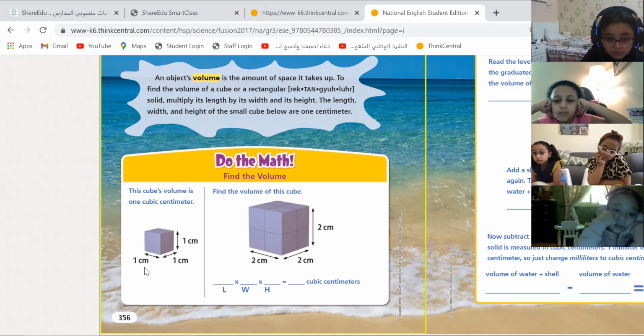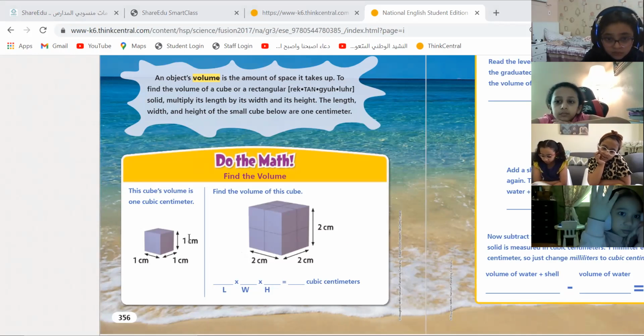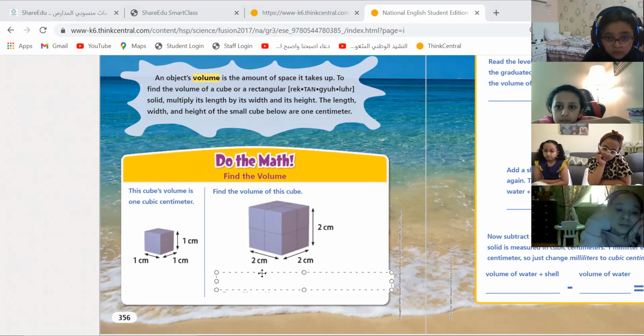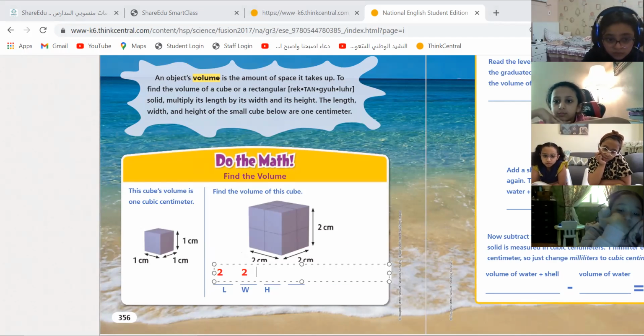So what I'm going to do, I'm going to multiply the length. What is the length? The length is 2. Excellent. So what about the width? 2. Very good. What about the height? 2.